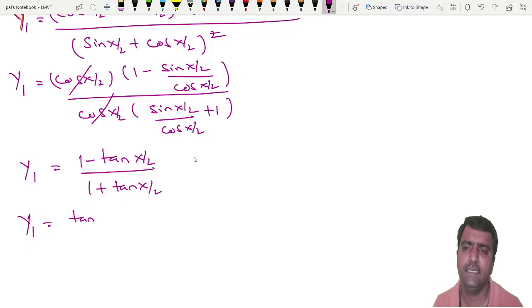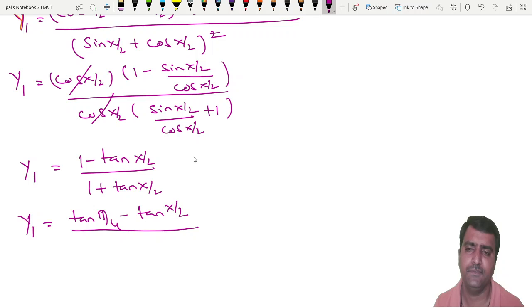There is a formula, 1 minus tan a by 1 plus tan a is equal to tan of pi by 4 minus a. So you can use that. Here you write 1 is tan pi by 4 minus tan x by 2, because 1 means tan pi by 4.